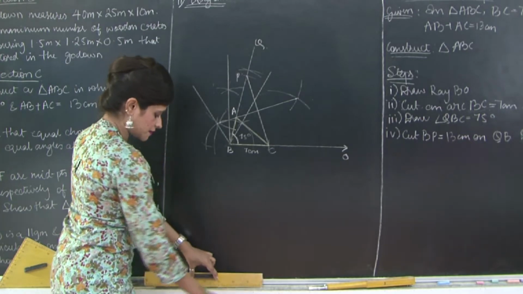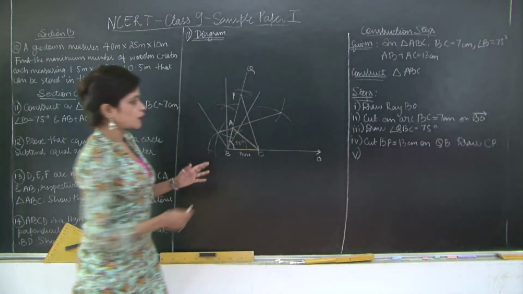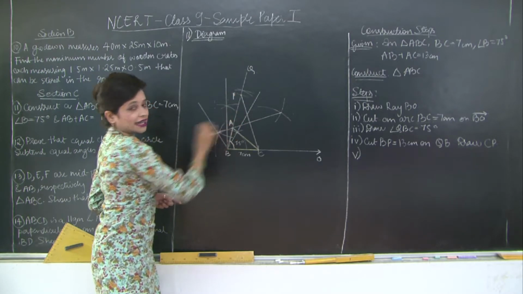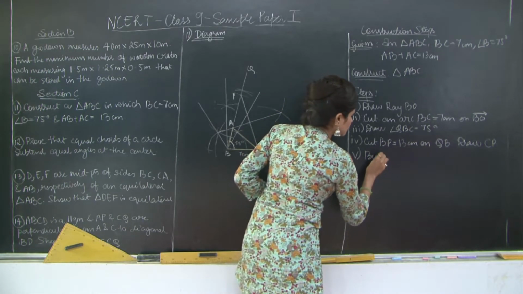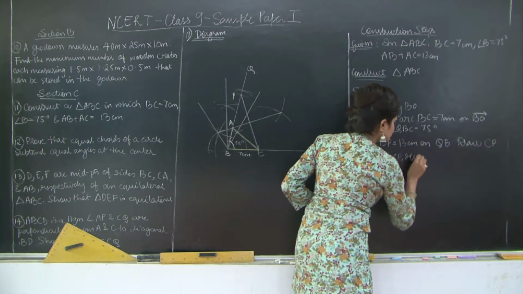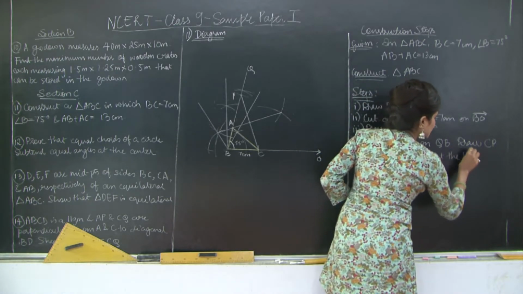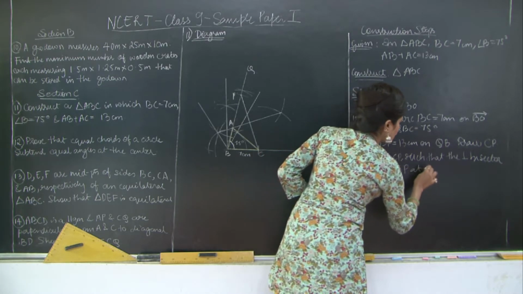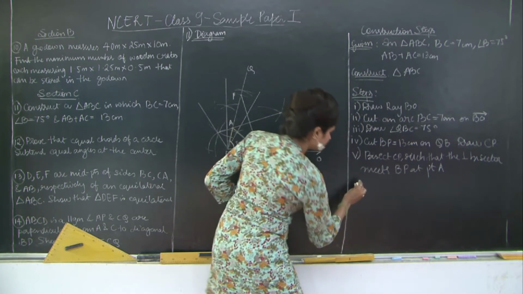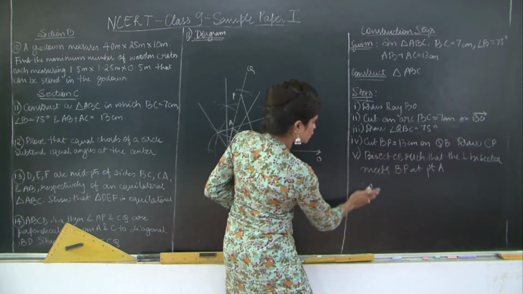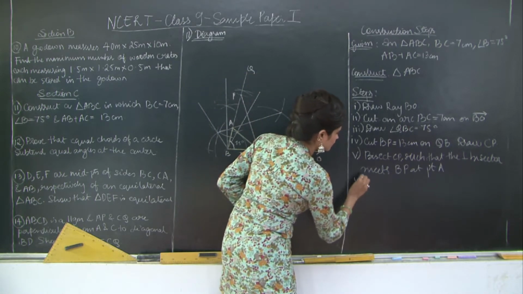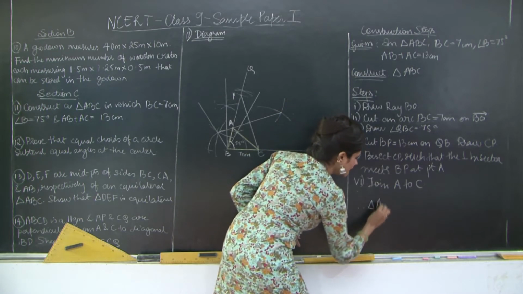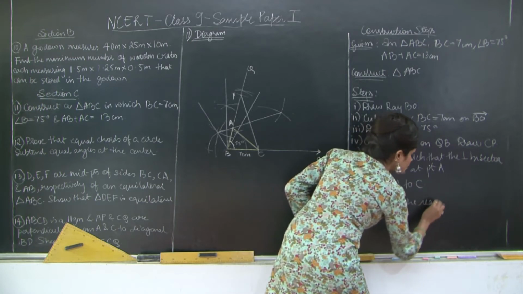So let's write down the remaining steps. Now what we did is, we drew CP and then we bisected CP such that the bisector meets BP at A. So I'll say: bisect CP such that the perpendicular bisector meets BP at point A. Then you join A to C. Therefore, triangle ABC is the required triangle.